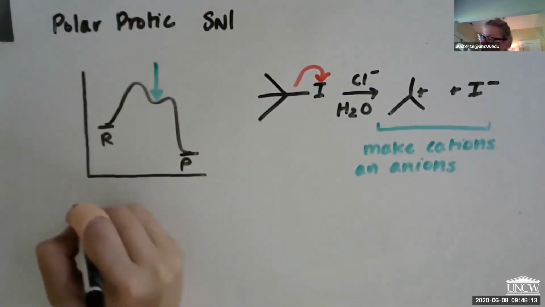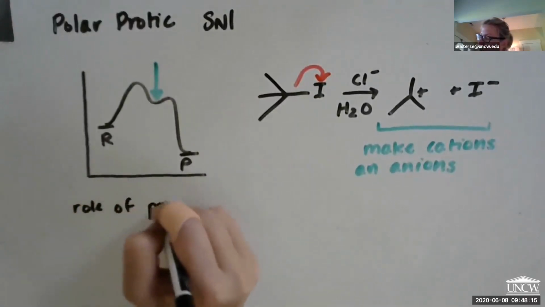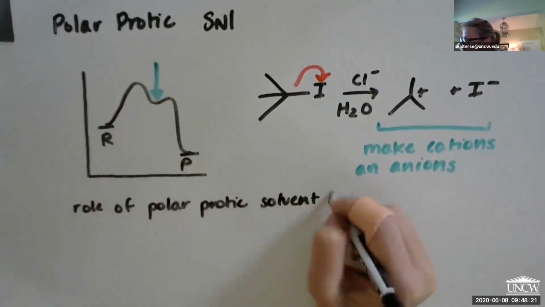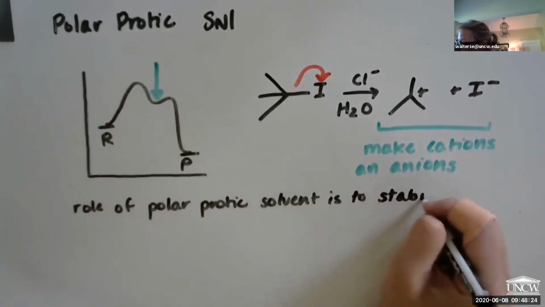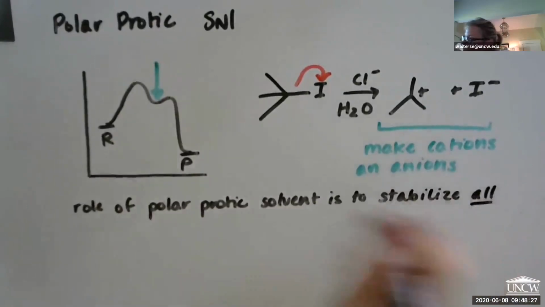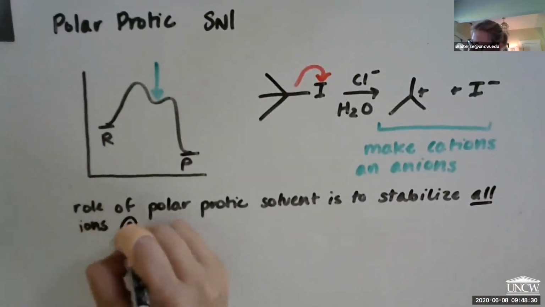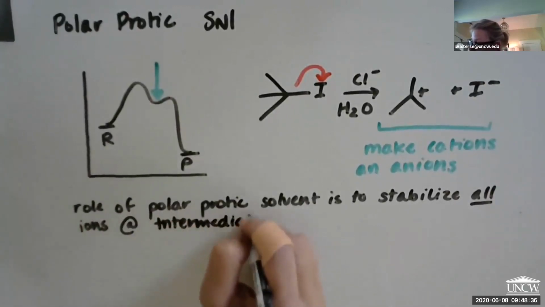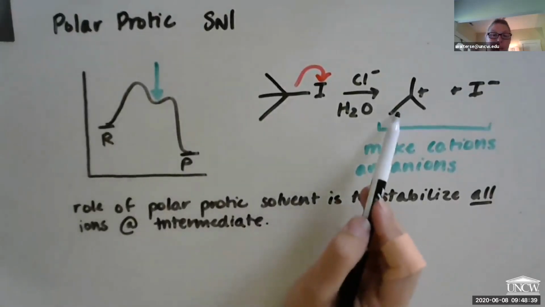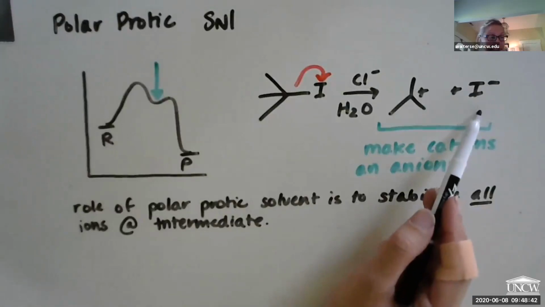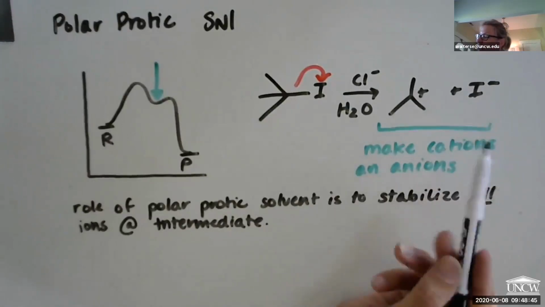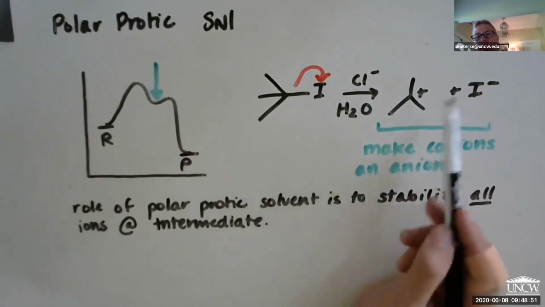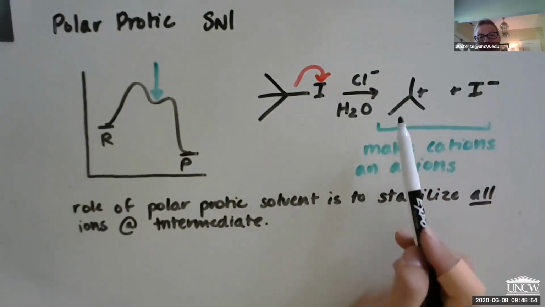The role of the polar protic solvent is to stabilize all ions involved at the intermediate. You need stabilized carbocations and stabilized anions. Water is polar and protic, so it can stabilize both of these ions.